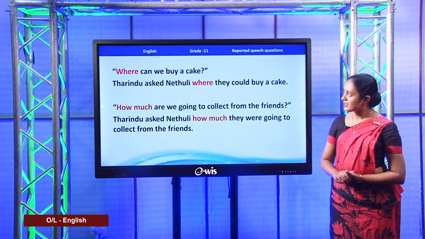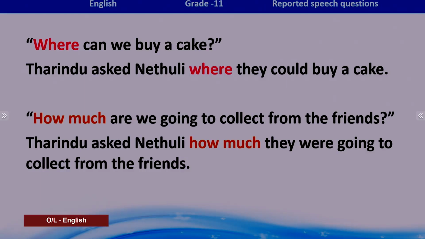I have taken the first question. Where can we buy a cake? So here children, I have used a different color to indicate the WH question word. So in the direct question, the WH question word is where. Let's read the reported speech question. Tarindu asked Nethuli where they could buy a cake.